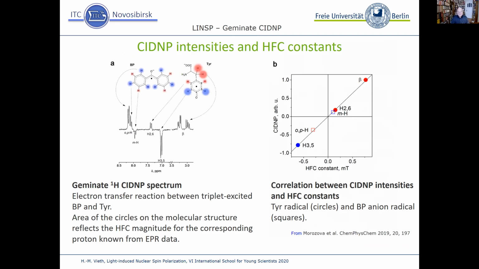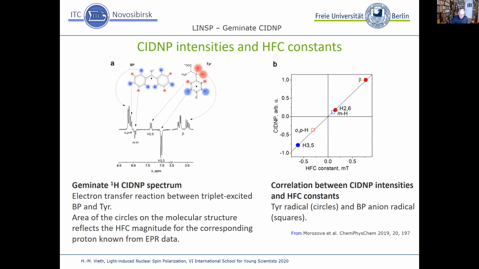Here, from the geminate CIDMP spectrum, meaning observation a few nanoseconds after your laser pulse, you can see the size of the coupling between the spins.